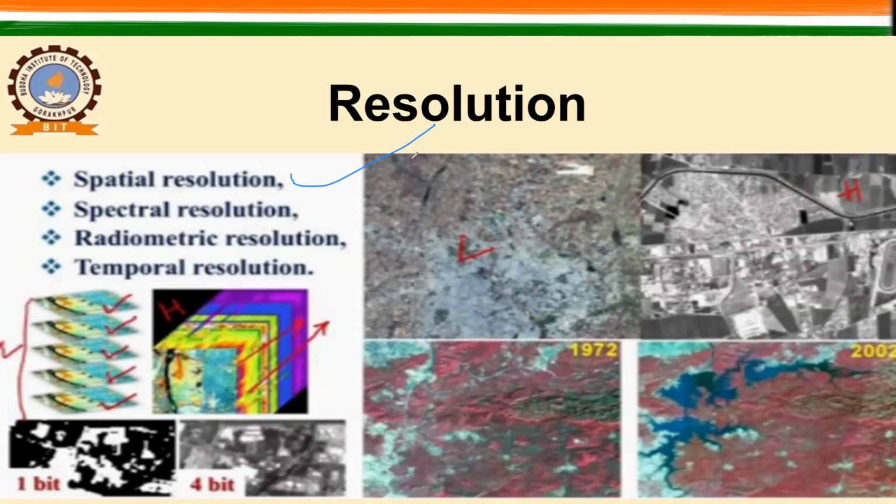If a pixel covers a smaller area, that means a high spatial resolution image. So this is high spatial resolution, this is low spatial resolution, right?